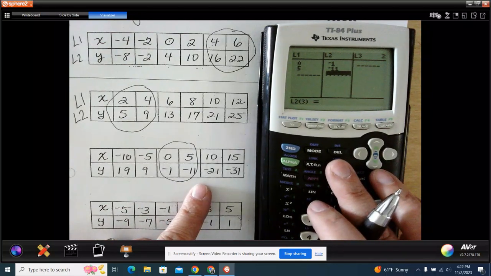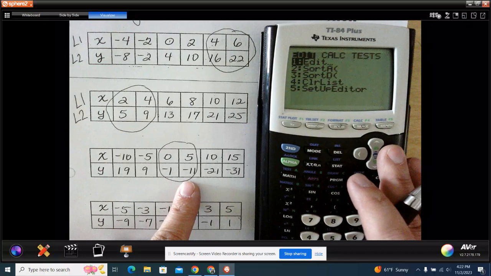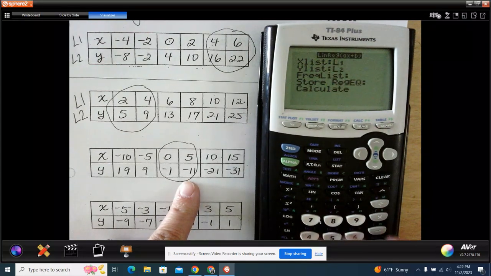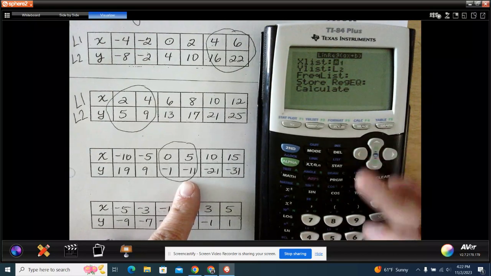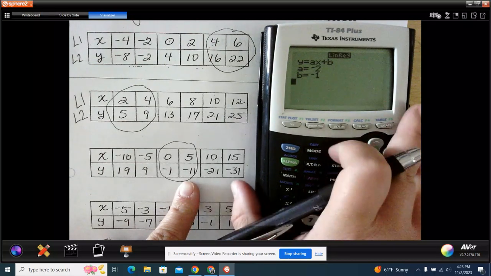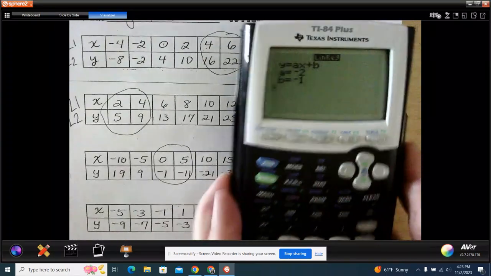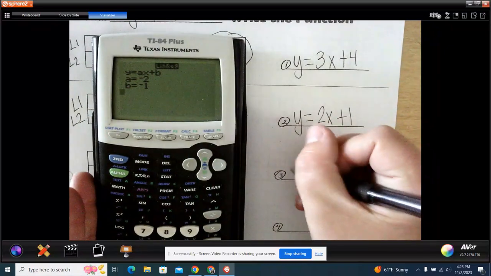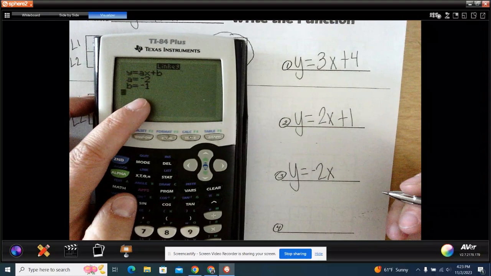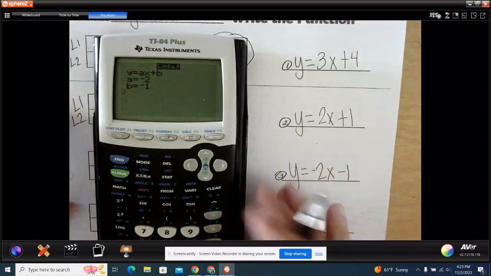Once I have them entered, we're going to hit stat, arrow to calc, hit number 4 for linear regression. You can actually just press number 4, don't have to worry about arrowing down. Hit number 4 one time, and then hit enter for it to calculate. For this one, we have -2 and -1. So I have y equals -2x, and then the -1 will represent a minus 1.